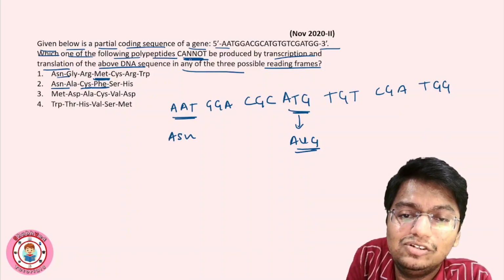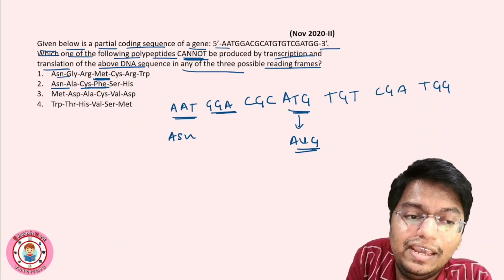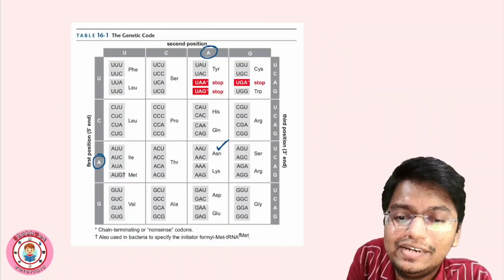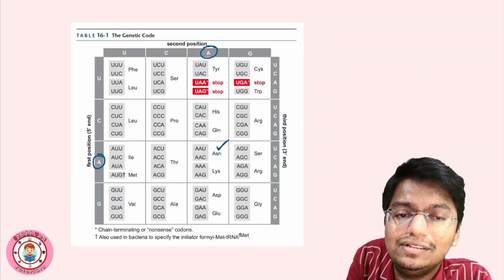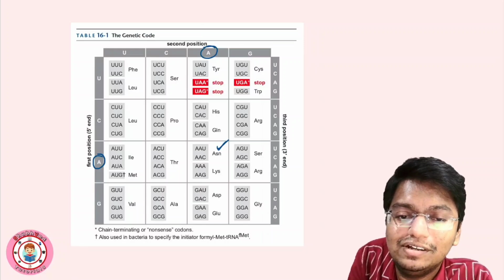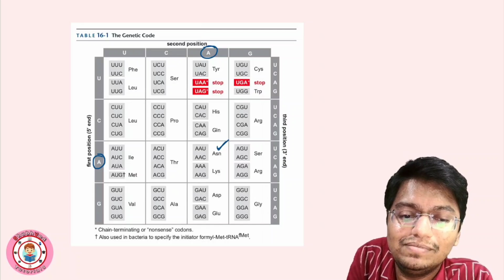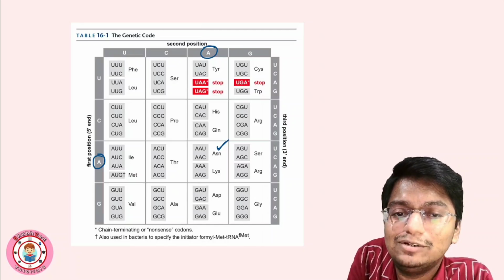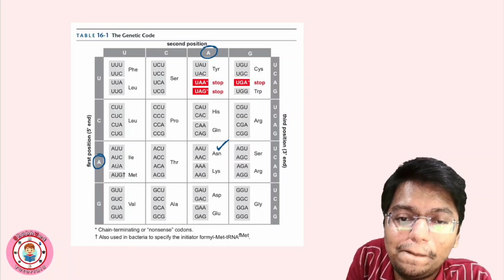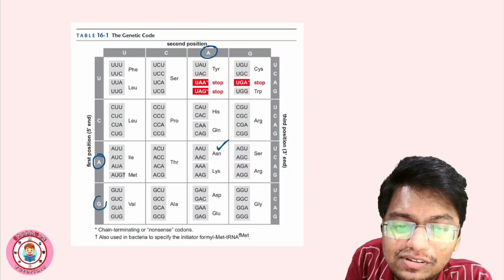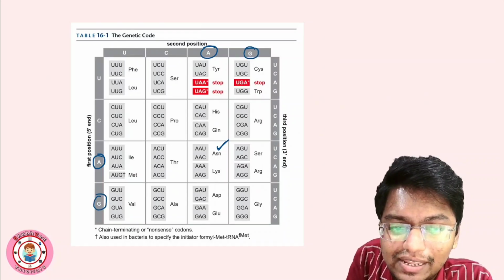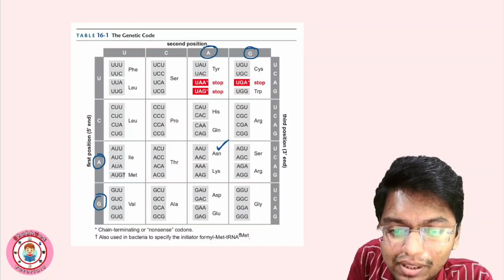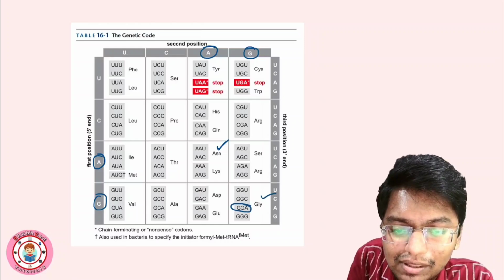Second जो है GGA. This is time taking questions, right? And remembering this table is little bit. I am not that good in this. So this is G, this is G, and then A will come here. This is glycine.